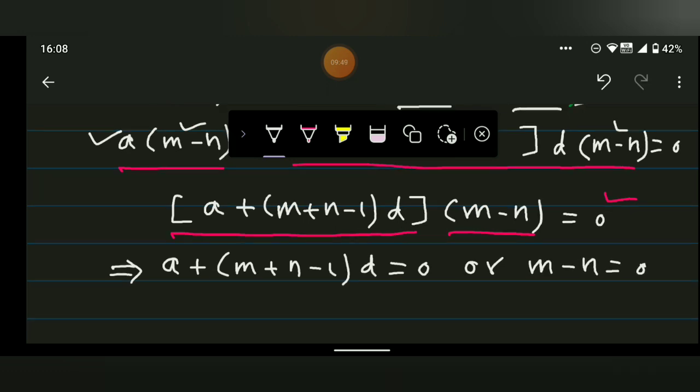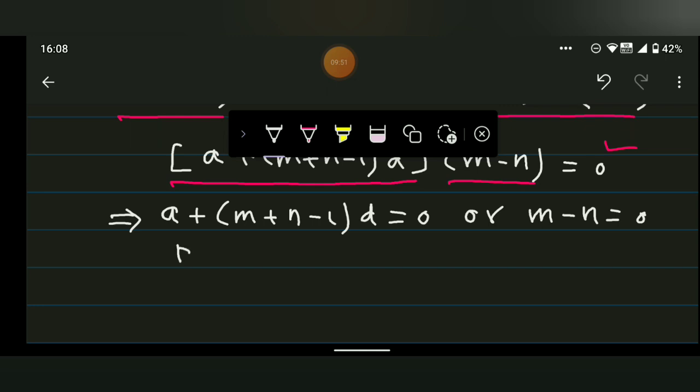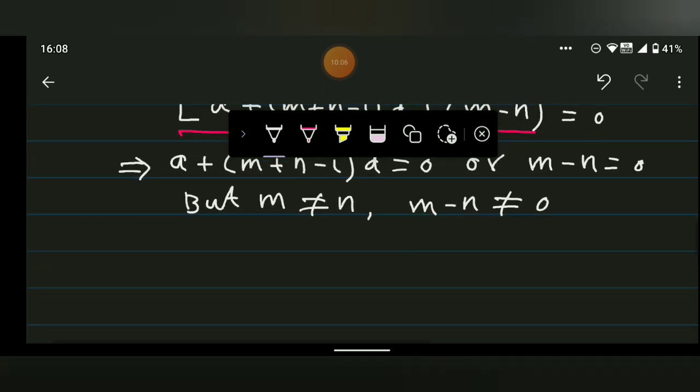But initially we have been given that m and n are different, meaning m minus n should not be equal to 0. The difference must not be equal to 0 if two terms are not equal. So what this implies is that a plus m plus n minus 1 into d must be equal to 0.